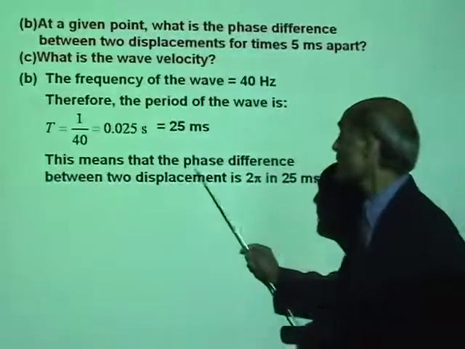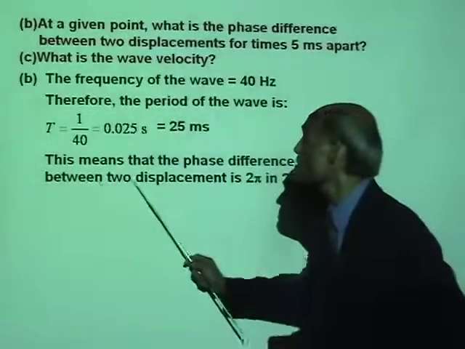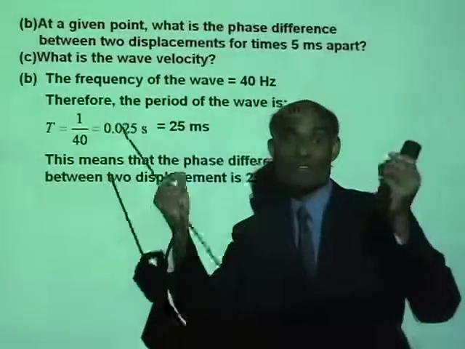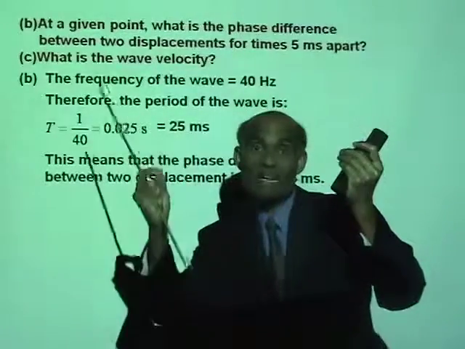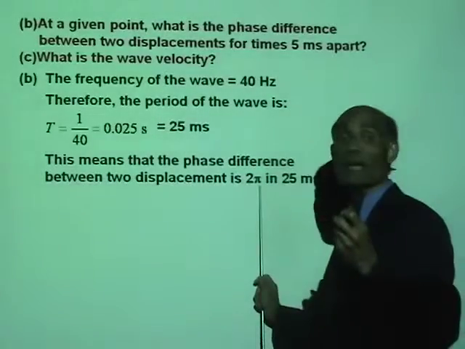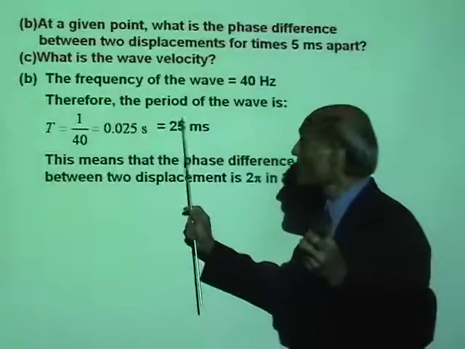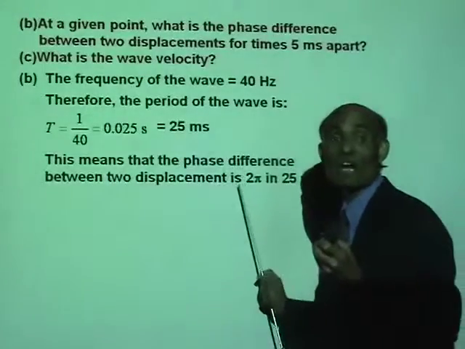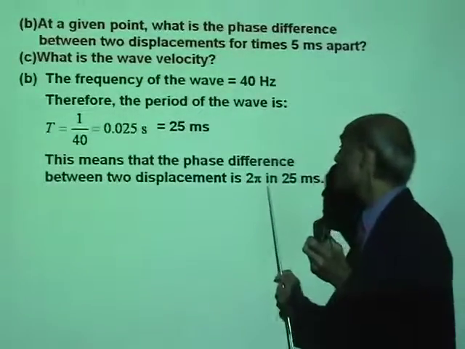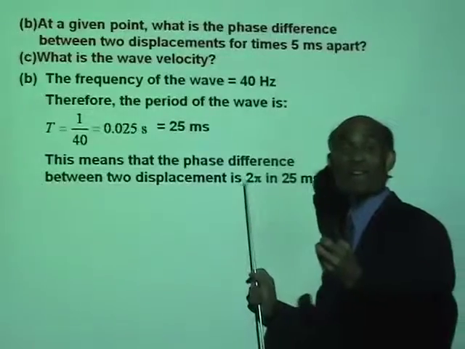So the phase difference between two displacements a wavelength apart is 2 pi. So a time of 25 milliseconds corresponds to a phase difference of 2 pi.